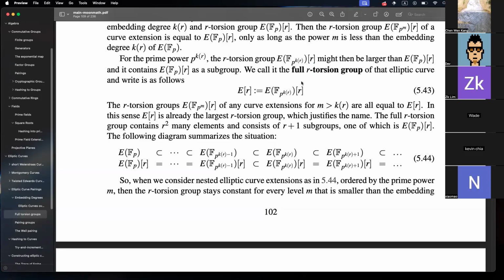So full, I think, is called full because it contains all the possible points in this R torsion group specifically. If you calculate it on another extension, it might result in something different. Oh, actually, it's explaining it here.